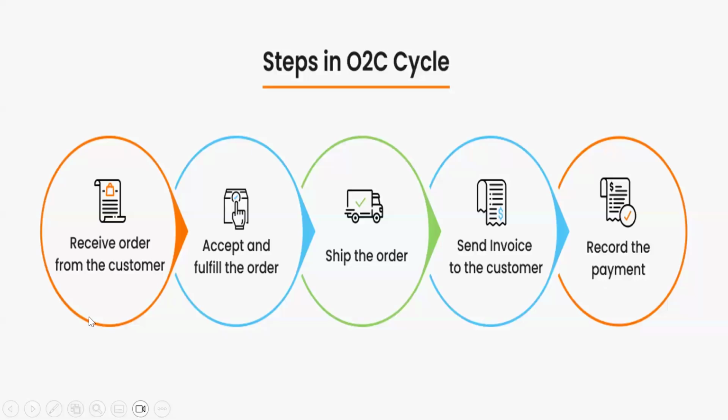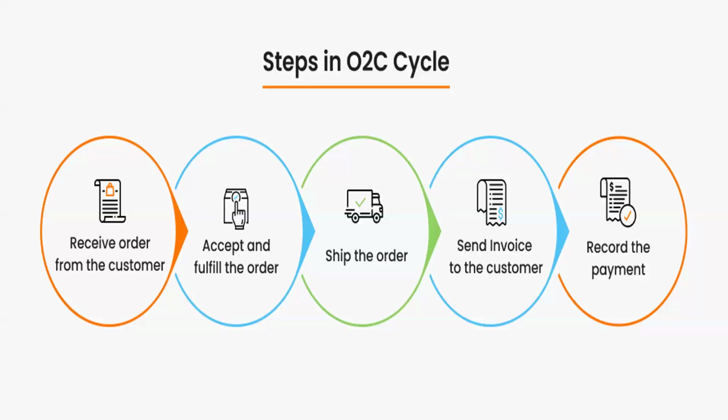If you compare with Amazon, when you order some product, this process happens. So generally O2C, nothing but invoice to cash, and the P2P process are interlinked.